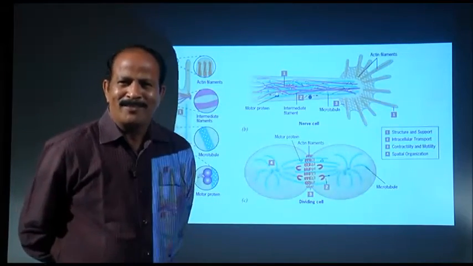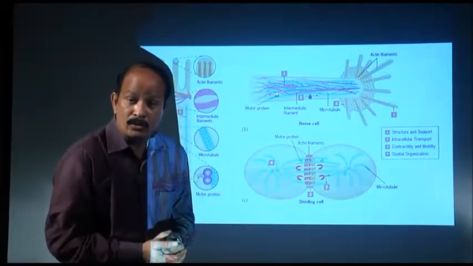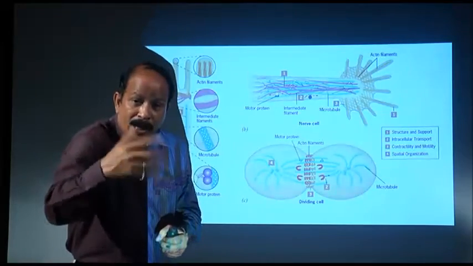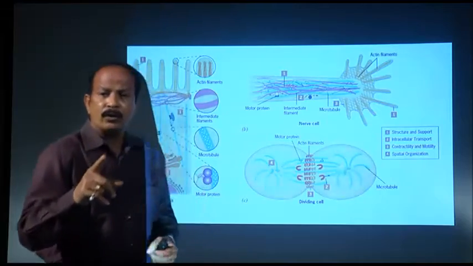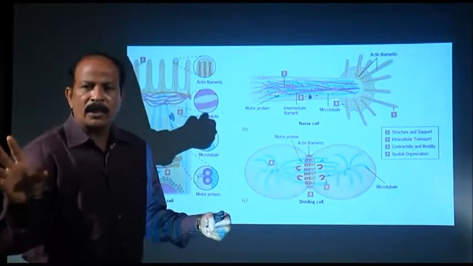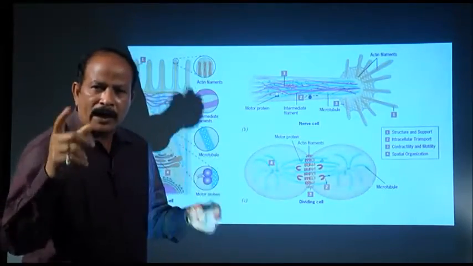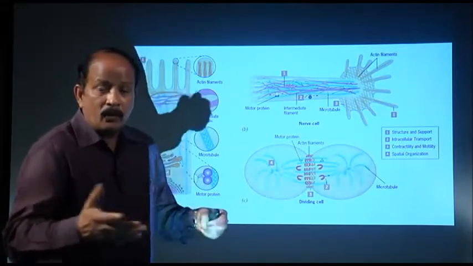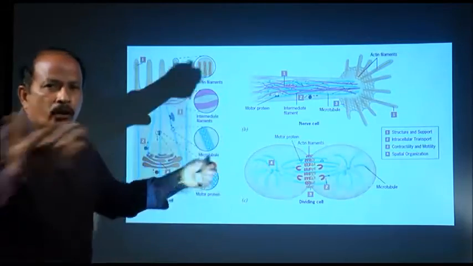They are dynamic. They assemble and disassemble. That's why cytoskeleton means cell skeleton, not made of bones and cartilages, but made of protein filaments of different types that assemble and disassemble very quickly, making the cell functions, structures like this.